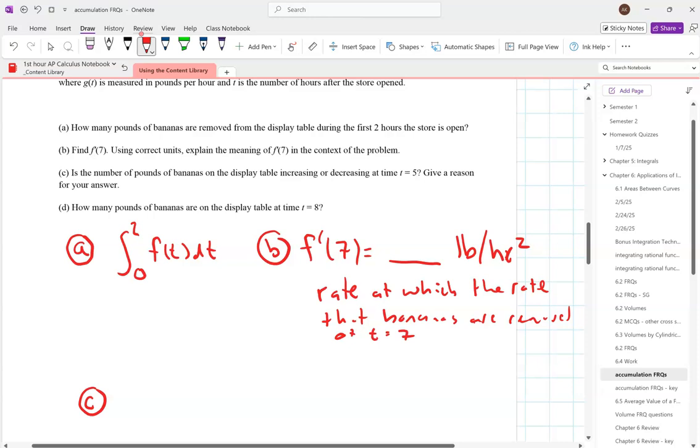C says, is the number of bananas on the display table increasing or decreasing at time t equals 5? Give a reason for your answer.